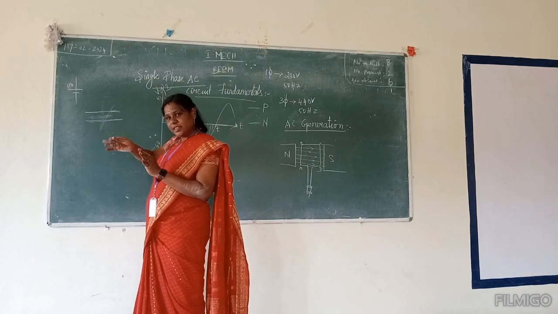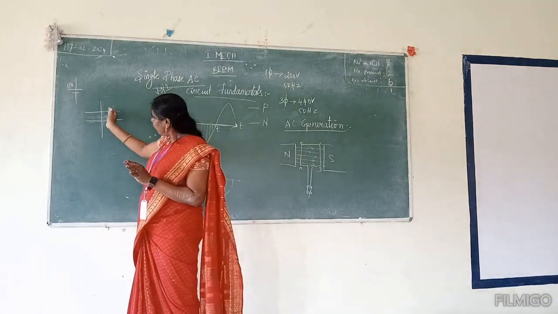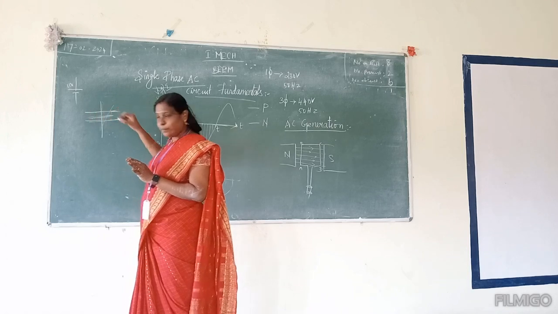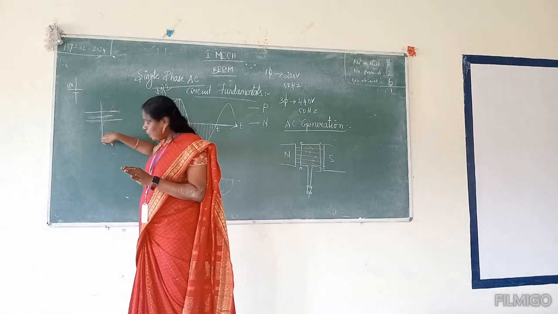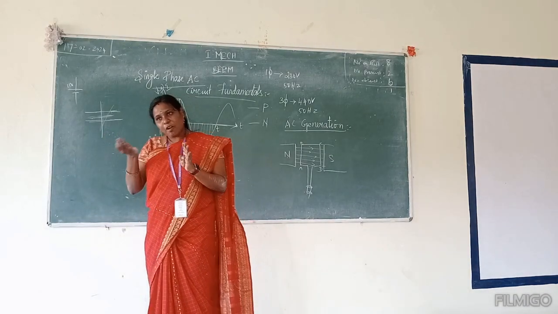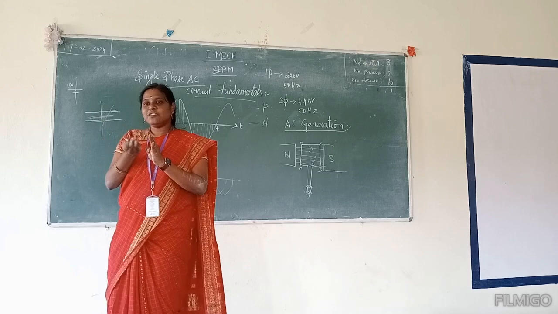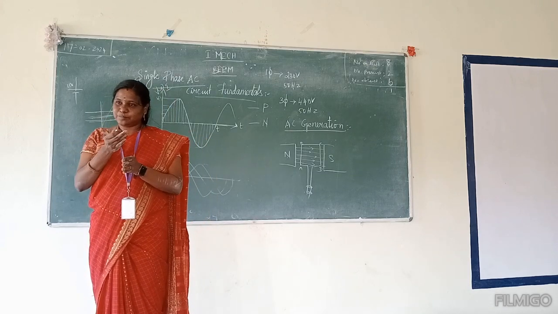If I rotate fully, it will be at 90 degrees to the flux lines. Again, if I rotate, it will come to the parallel position. Again, if I rotate, it will come down. So it will be alternating, continuously between parallel and perpendicular, parallel and perpendicular, like that.